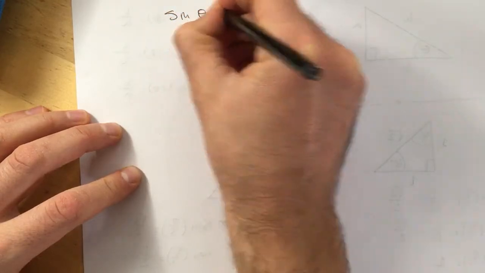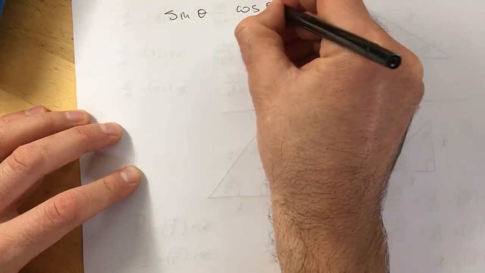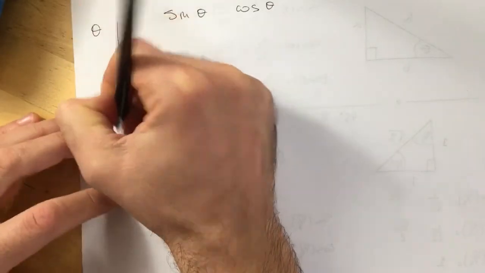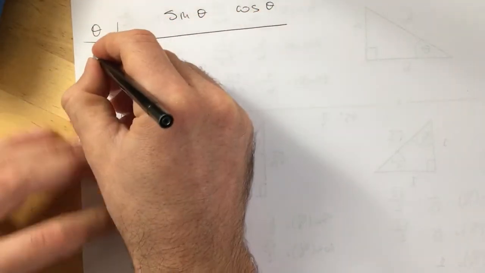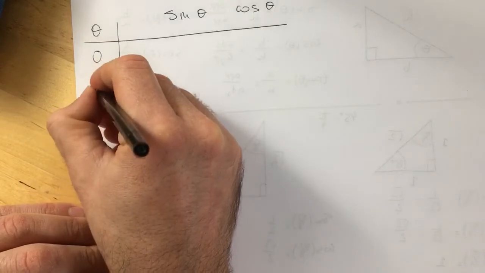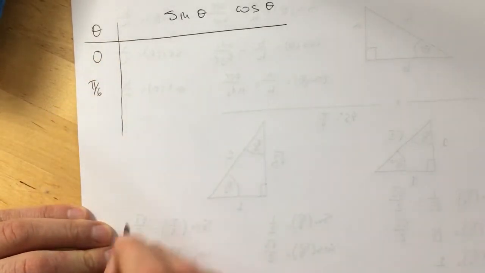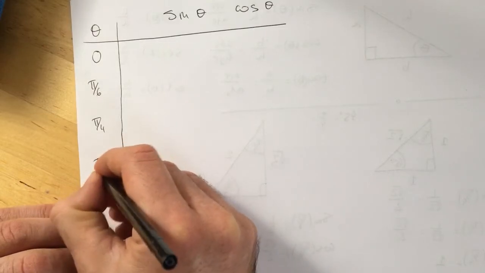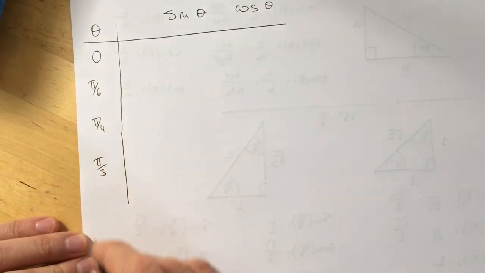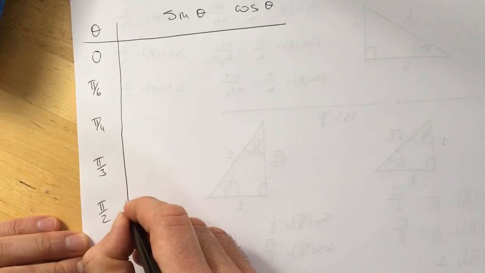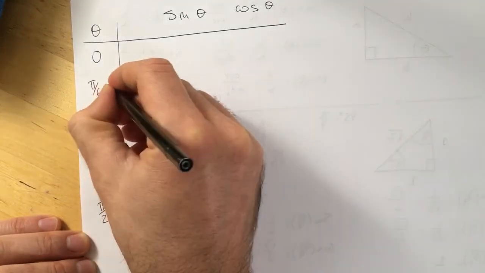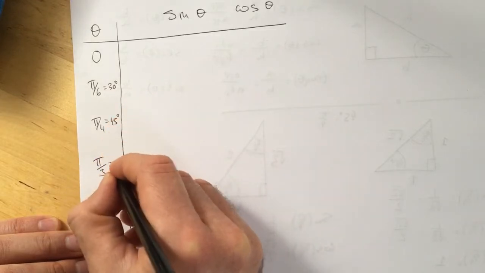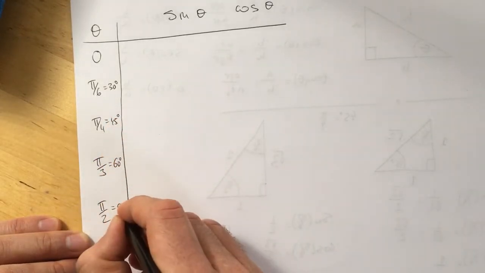This is sine of theta, here I'm going to put cosine of theta, and here the angle theta. For theta I'll have 0, pi over 6, that's 30 degrees, pi over 4, that's 45 degrees, pi over 3, that's 60 degrees, and finally pi over 2, which is 90 degrees, right?